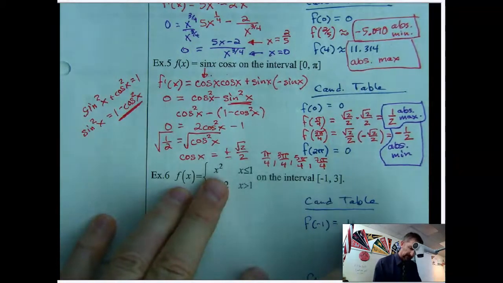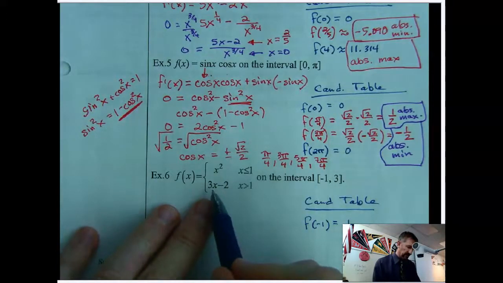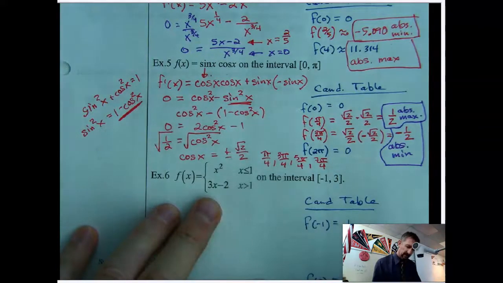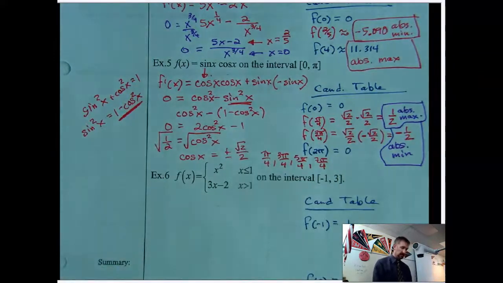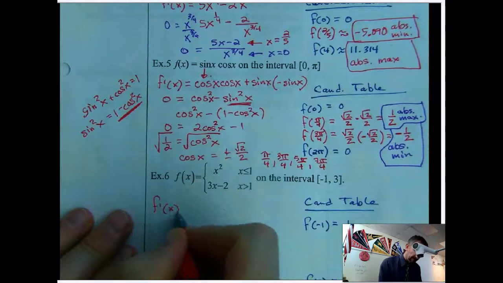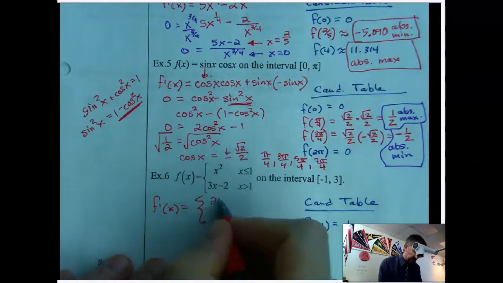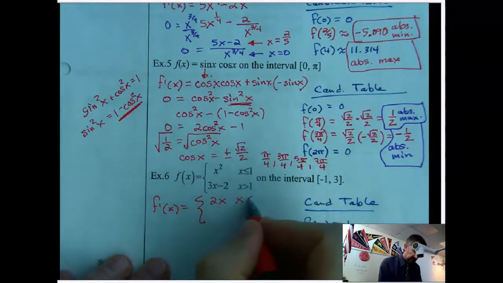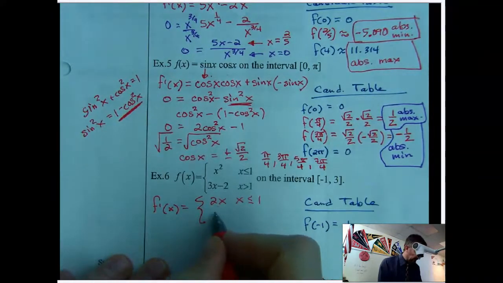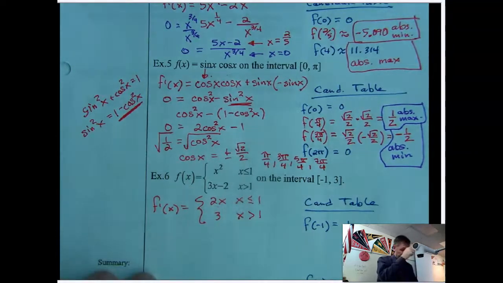Negative 1 squared is positive 1. 3 is greater than 1. If we plug 3 in here, 3 times 3 is 9, minus 2 is 7. Okay. Now, take the derivative of that, f prime of x, that's going to be 2x for x less than 1, and it's going to be 3 for x greater than 1.